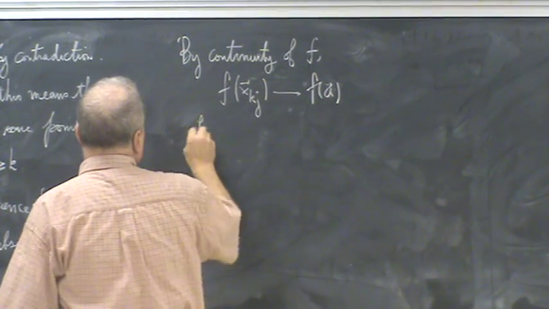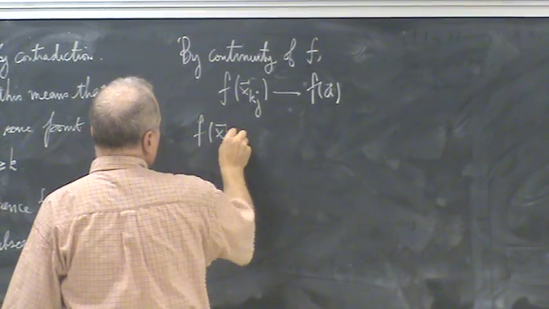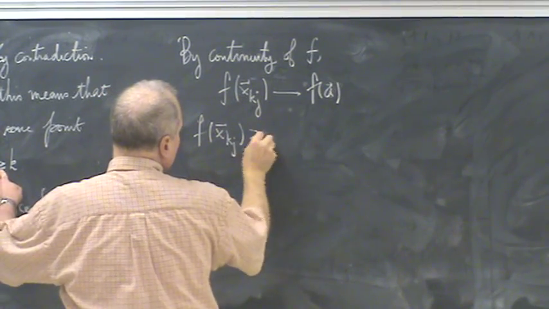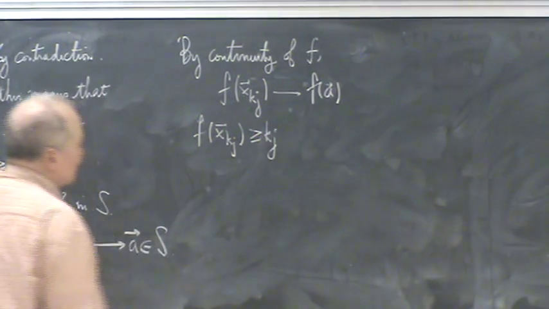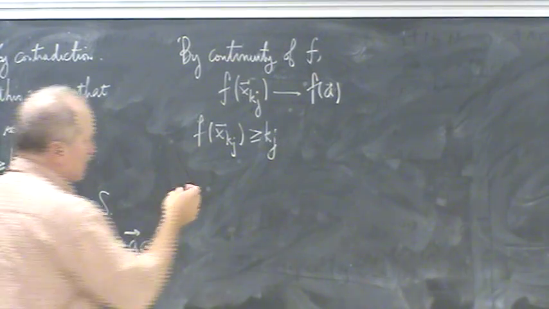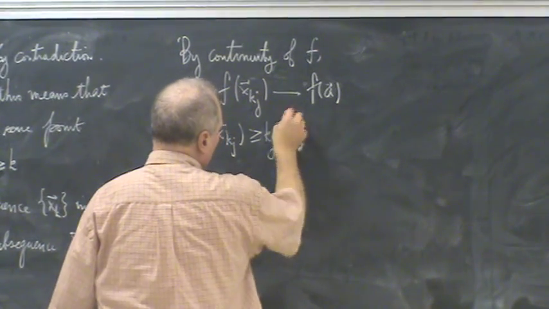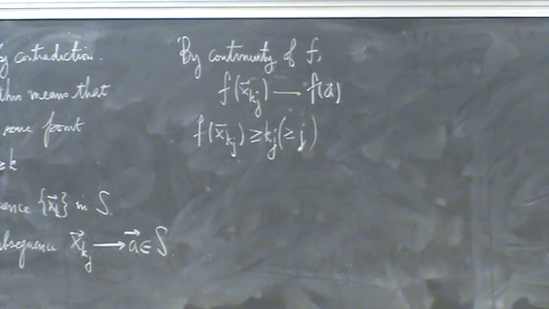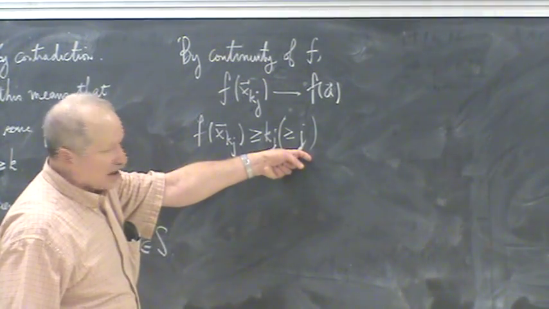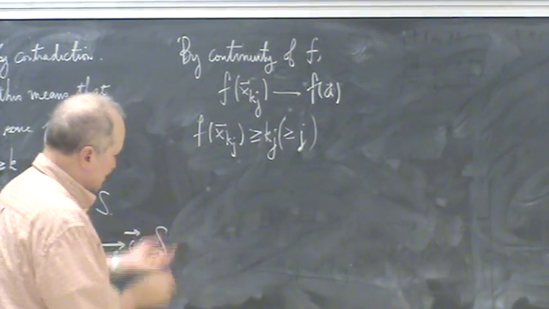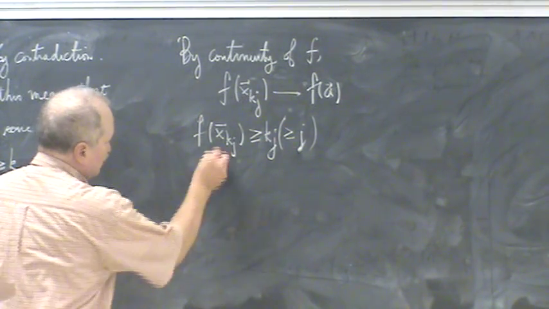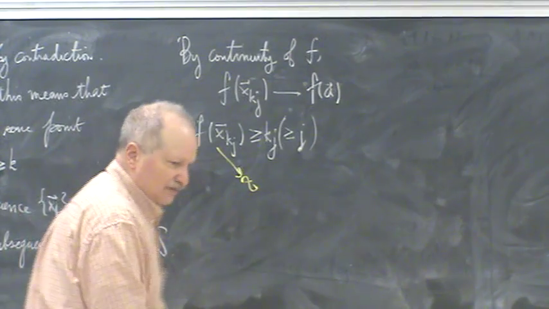Well, f of x sub k sub j is at least k sub j, which we said, remember, is at least j, if you want to remember that. So what's happening as j gets bigger and bigger? This is going off to infinity. That means these guys are going off to infinity.